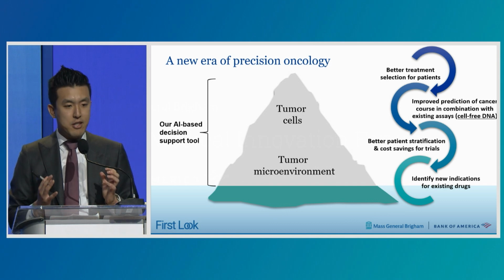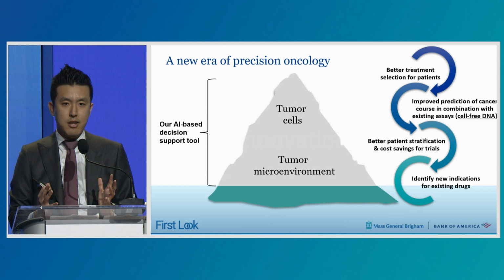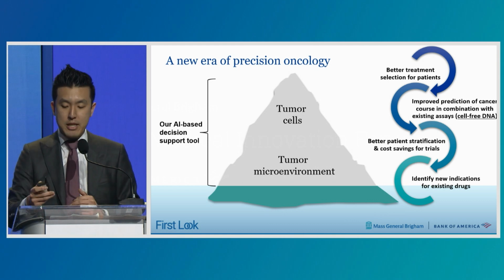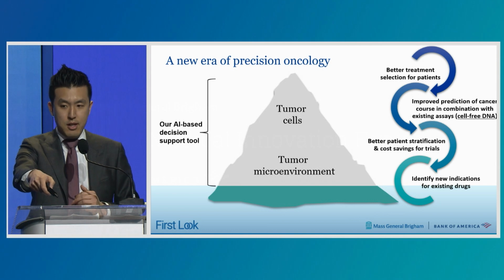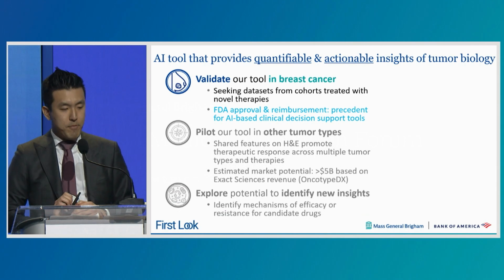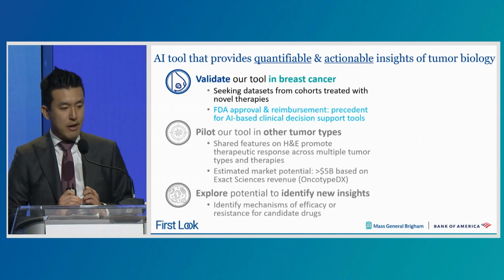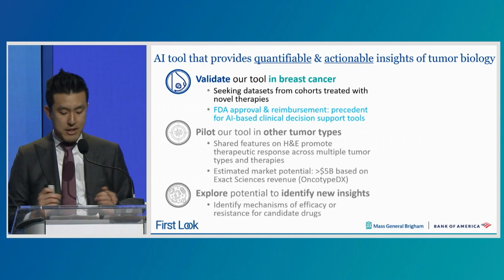Cases like this are the future of precision medicine, precision oncology, and our technology is only going to get better with more data and resources. And so we're excited to commercialize our AI-enabled tool that can quantify actionable insights of tumor biology. Our first step is to further develop and validate our tool in the breast cancer space.